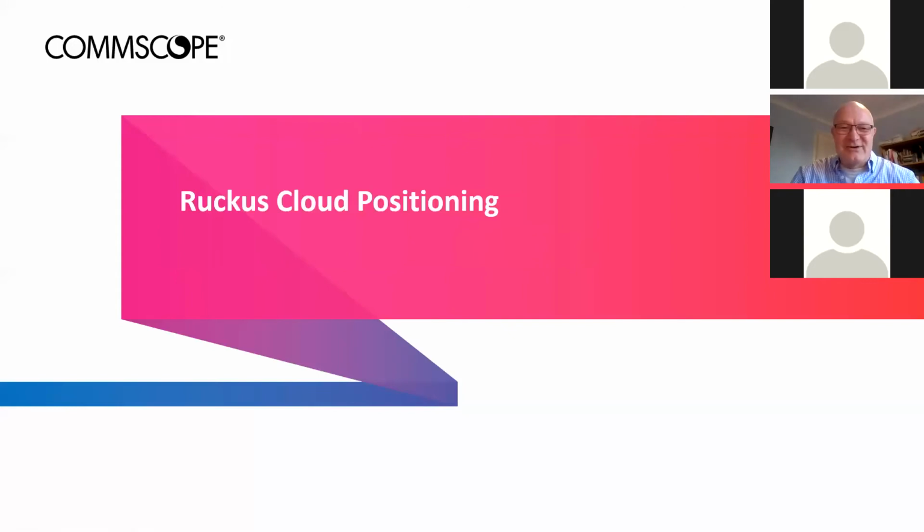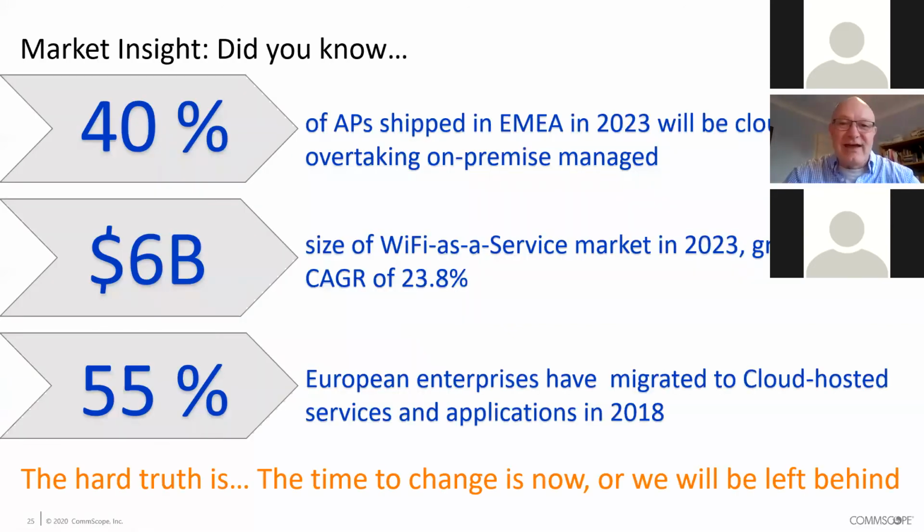Thanks, Daryl. So RUCKUS Cloud positioning. Okay, did you know, to be blunt, ZoneDirector is coming to the end of its life, and at some stage your customers will want to move on, or be encouraged to move on, from current deployments into a different solution.